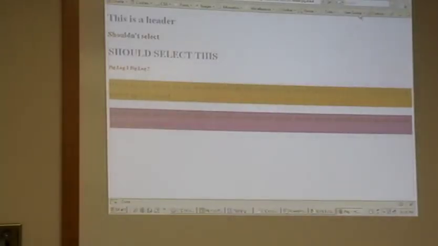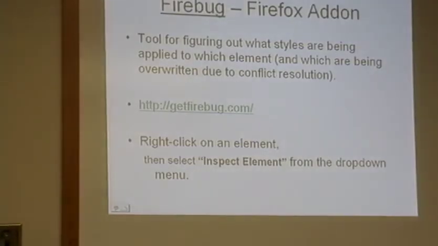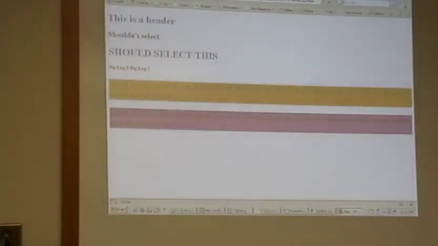I have it already installed here, but you could get it at getfirebug.com, and it's just a Firefox add-on tool that helps you figure out all your style sheet information. And so you can figure out, why is this one orange and not blue?